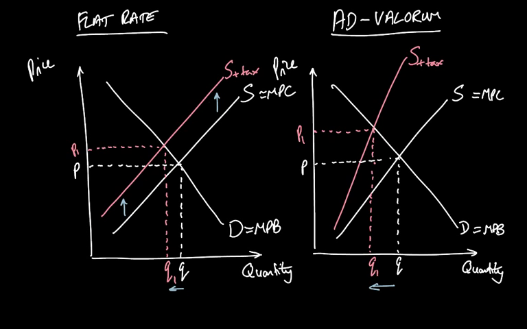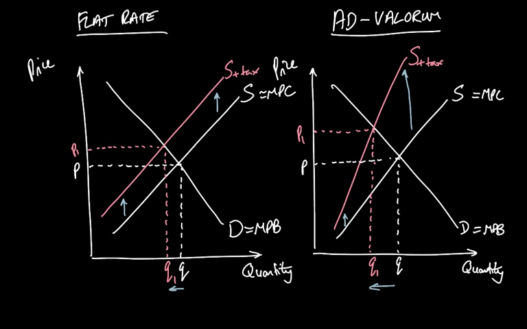An ad valorem tax, though, means that the tax is a percentage of the selling price. That's what ad valorem means, which means if it's down here and it would have been selling for a very low price, then the amount of tax is quite low. As you move higher and higher in the output and in the prices, the level of the tax gets greater and greater.